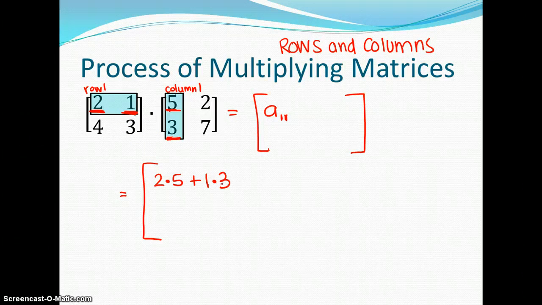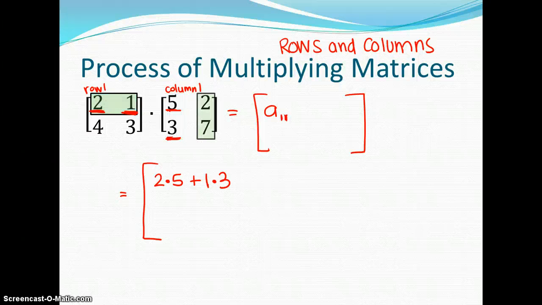That number simplified, 2 times 5 plus 1 times 3, gives you the element in that location. So you have to use a row from one of the matrices and a column from the other to get that actual location. So that's row 1, column 1.